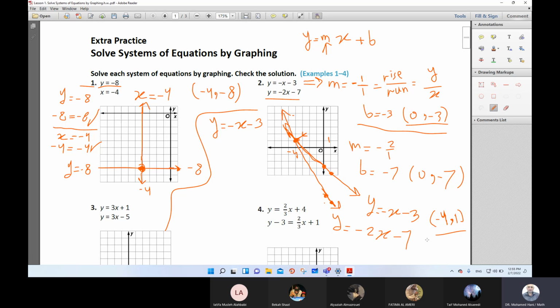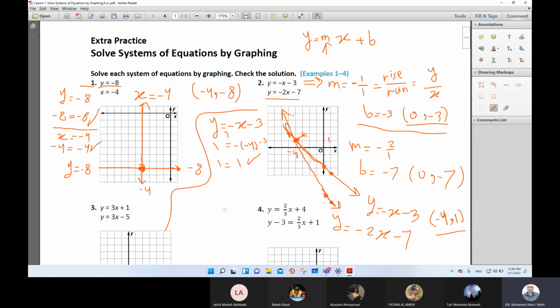Substitute the value of x, -4, and the value of y, 1. Is 1 equal to 4 minus 3? Negative times negative is positive. Positive 4 minus 3 will be 1. Yes, 1 equals 1. So this is the right solution for the first equation.